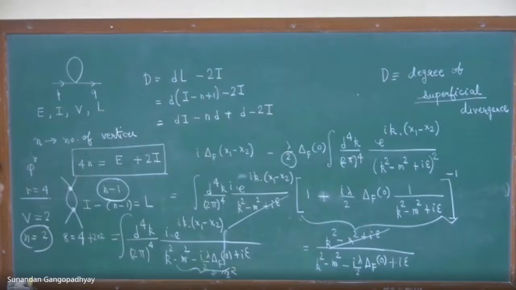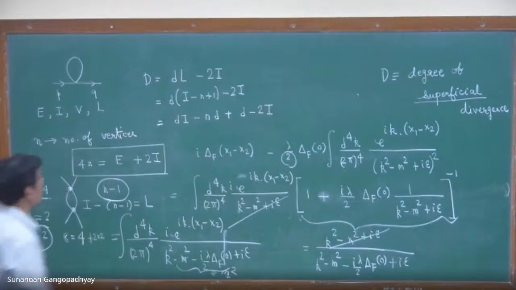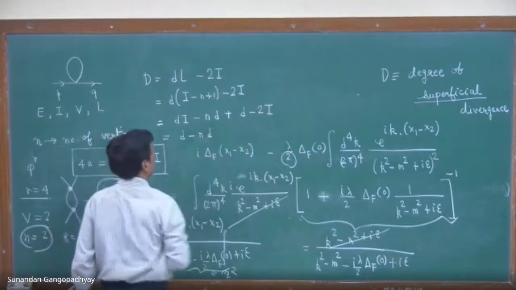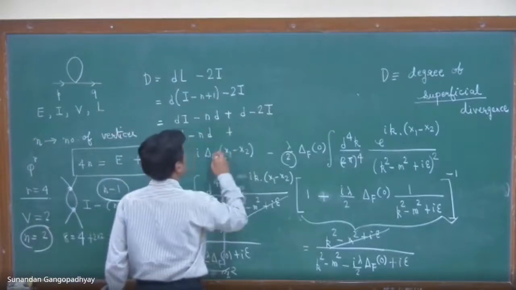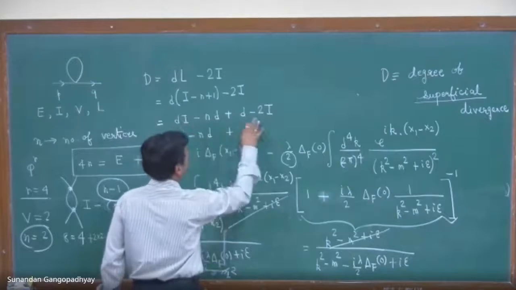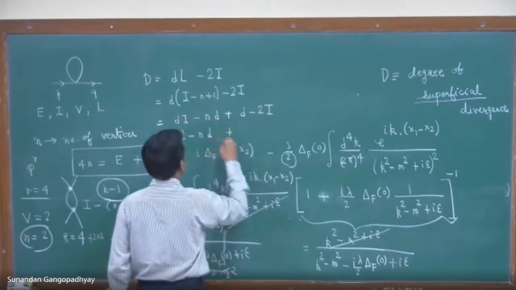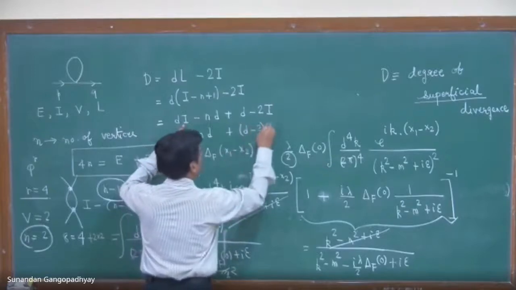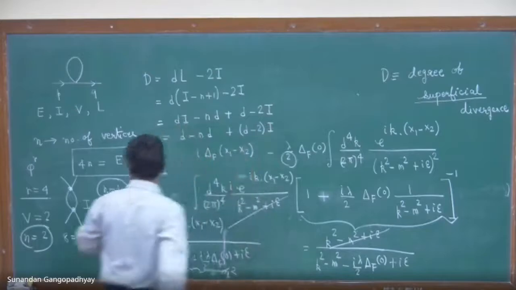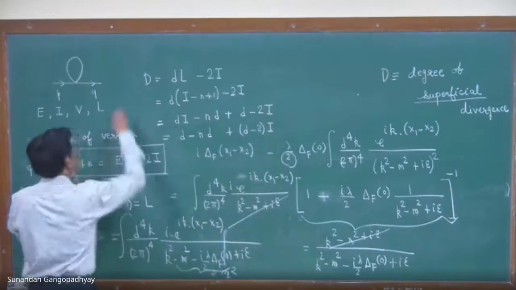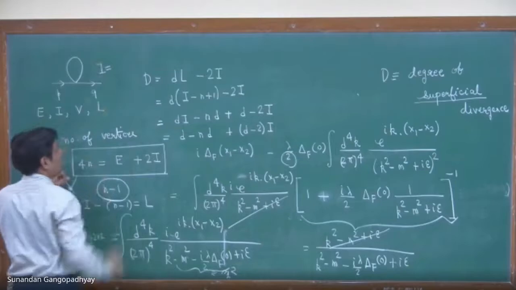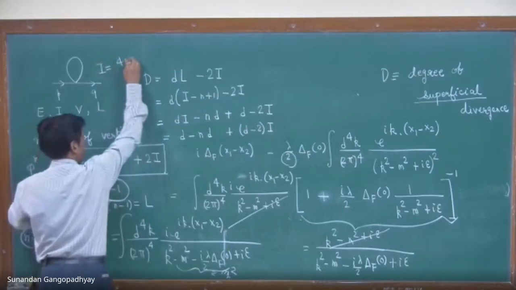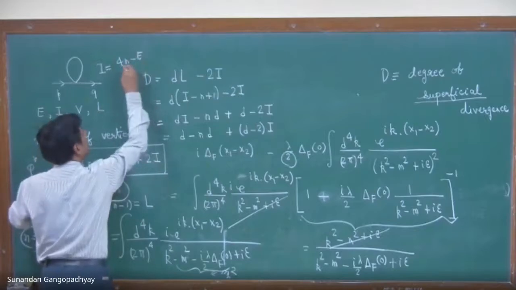This takes care of these two terms, plus the remaining term, d minus 2 into I. But from this relation, I is (4n minus e) by 2.